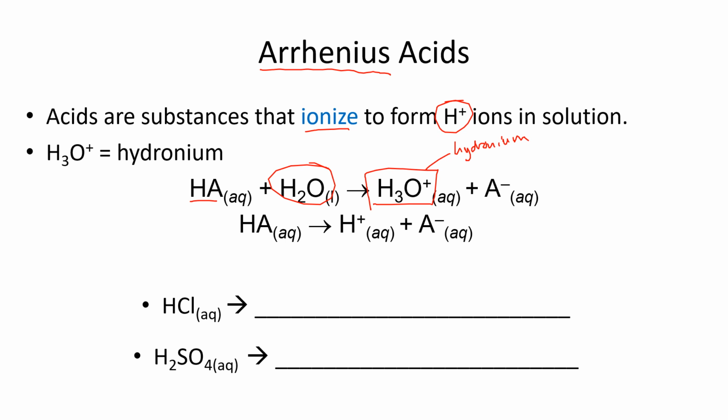However, it can be a lot easier and more simple to represent the ionization of an acid as just separating the acid ion part from the hydrogen ion into these two different pieces. So, of course, a classic one being hydrochloric acid. So you take off the hydrogen and you take off the chlorine. Make sure you have the right charge.